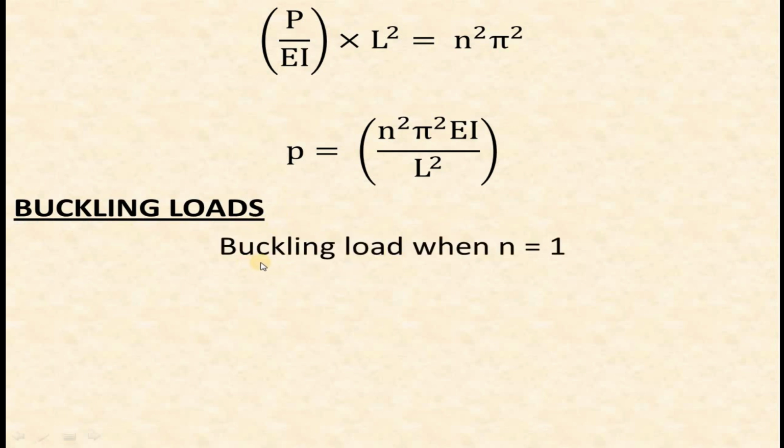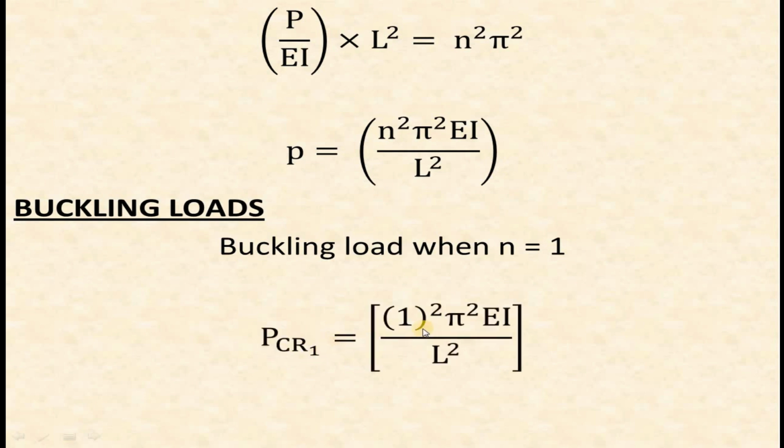First we will find the formula for buckling load when n is equal to 1, that is node is equal to 1. Therefore this P is equal to n square pi square EI by L square can be rewritten as PCR1 is equal to 1 square pi square EI by L square. This PCR1 is nothing but buckling load when node is equal to 1.